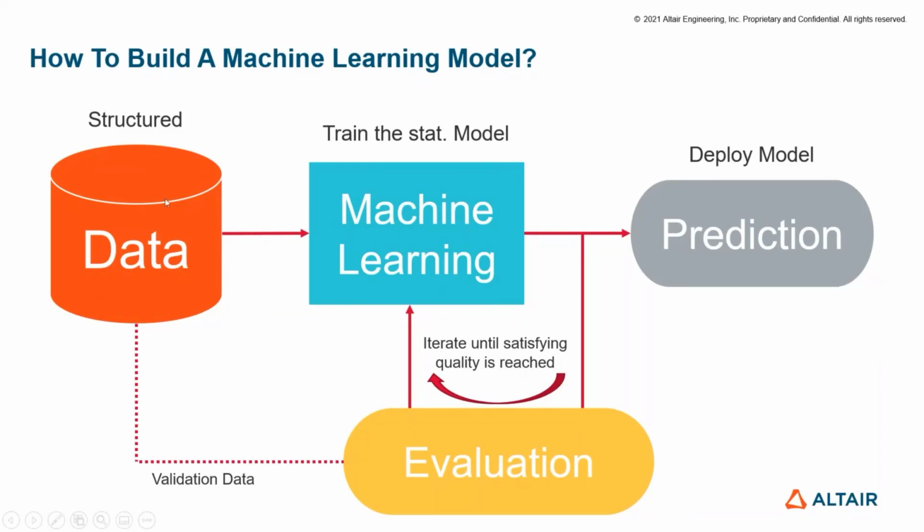It is labeled, structured data, and you build a machine learning model. That model can be a linear regression model, an ensemble model, or a deep learning model. Then you evaluate that model with unknown data. You keep some data which is not fed to the model, for validation.